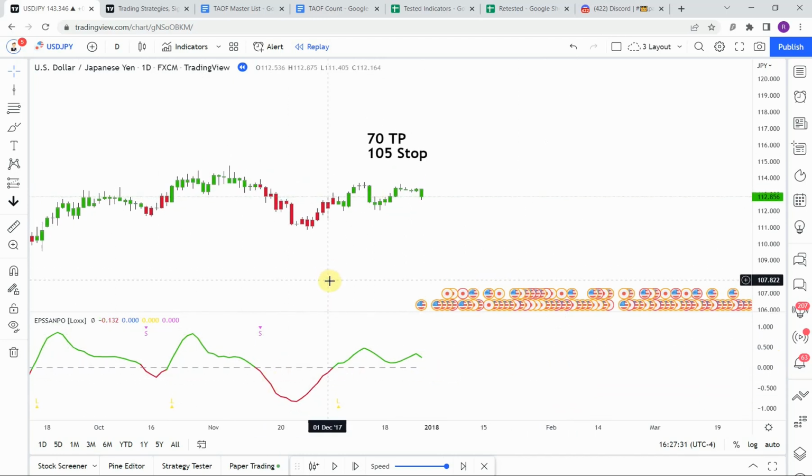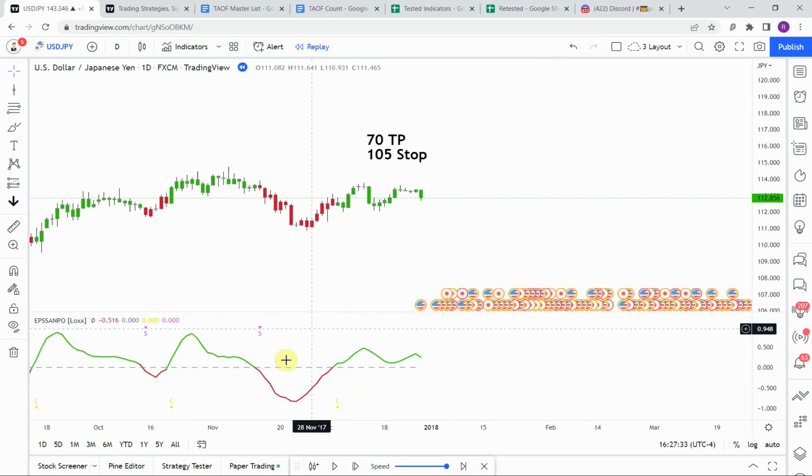Like most of their indicators, they have the bar coloration on, so we have a clear picture on price action of where we should be going long and where we should be going short. We also have the pretty standard S tags here, the little S with an arrow pointing down, and this one's harder to see, but there is an L here, a yellow L with an arrow pointing up.